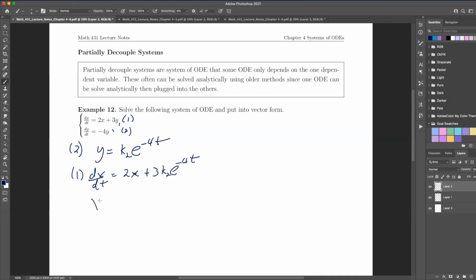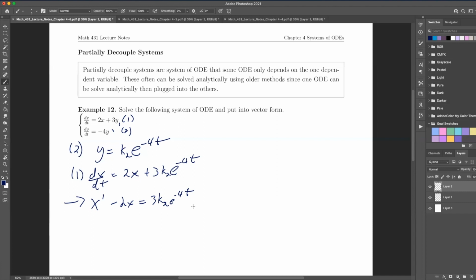Let's go ahead and just move some stuff around. So here I'll have x prime minus 2x equals 3k2 e to the minus 4t. What does this look like? This looks like a linear equation with constant coefficients, right? Non-homogeneous linear equation with constant coefficients.